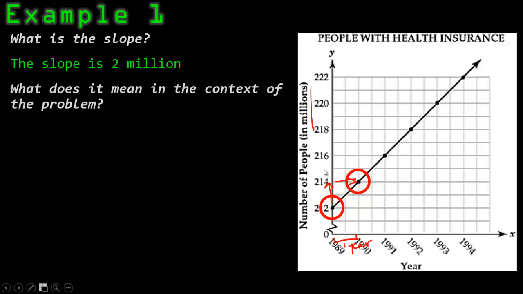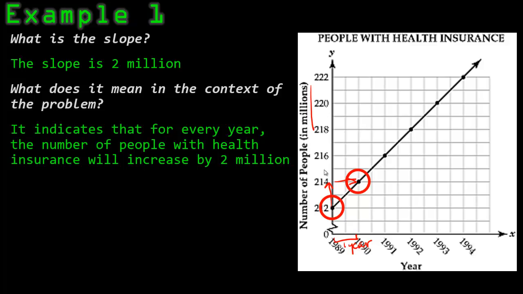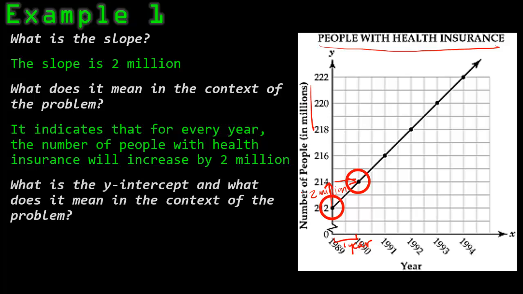What does it mean in the context of the problem? It indicates that for every 1 year, the number of people with health insurance, which is what we get from this, will increase by 2 million, because from 212 to 214 is 2 million. And what is the y-intercept, and what does it mean in the context of the problem? In other words, where does this line intercept my y-axis?